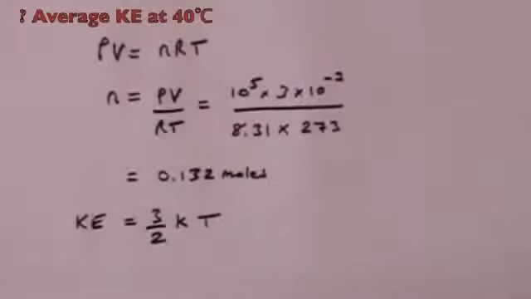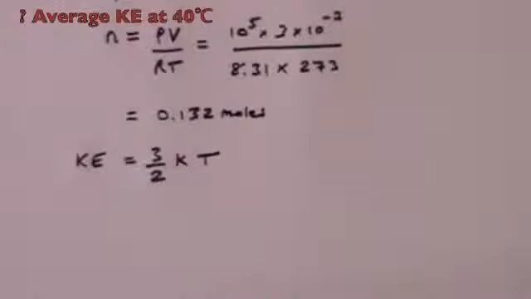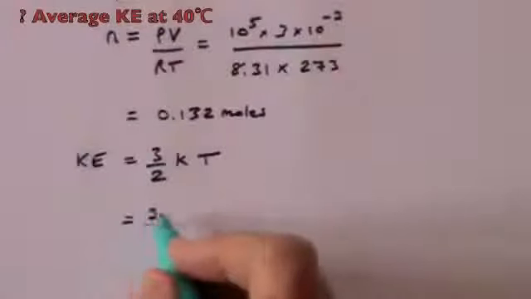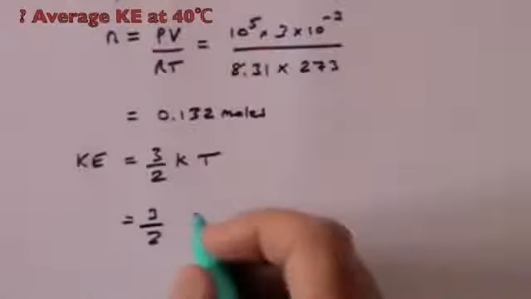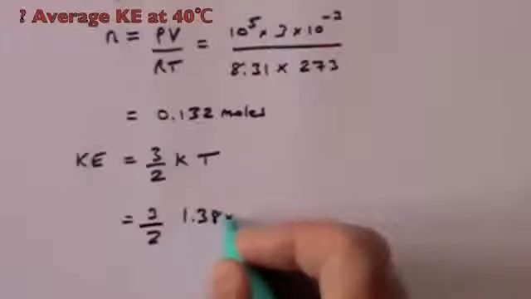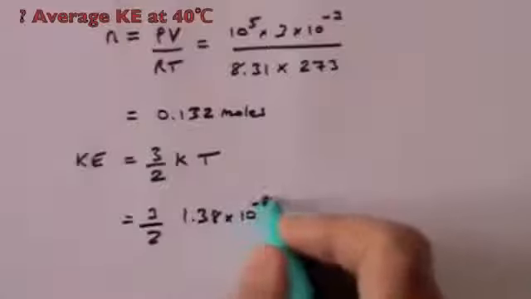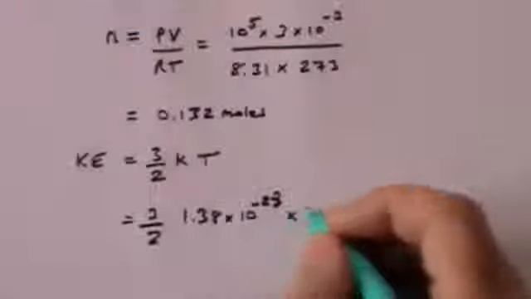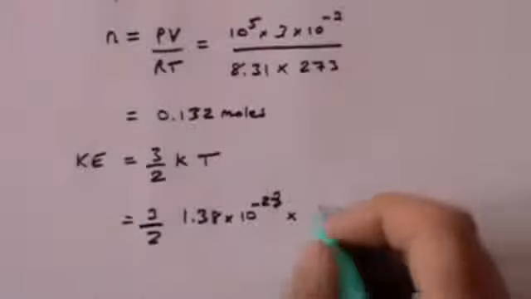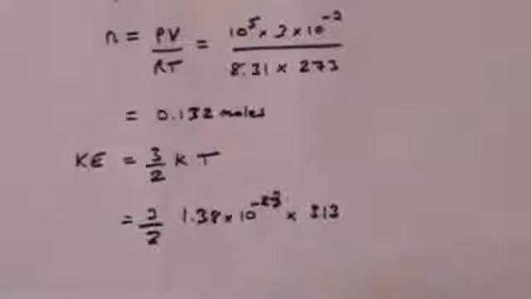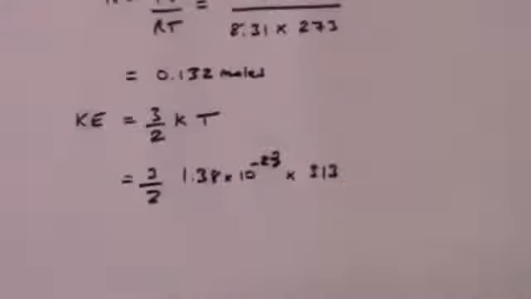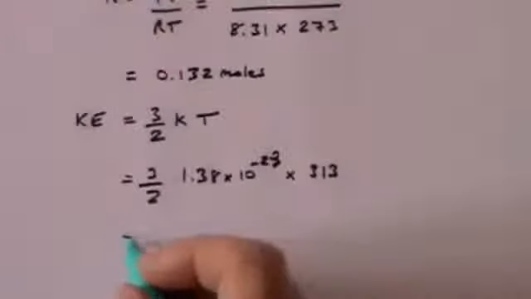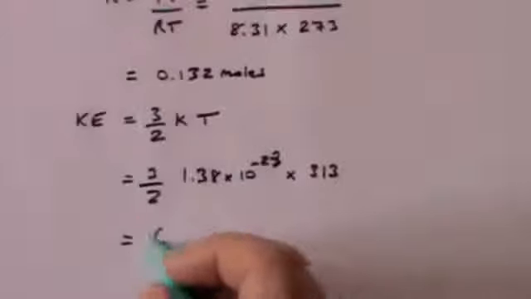This is not thermal energy, this is kinetic energy, so it's not E equals kT, it's E equals 3 over 2 kT, and that's simply going to be 3 over 2 times the Boltzmann constant, which is 1.38 times 10 to the minus 23, times the temperature, which at 40 degrees will be 313 Kelvin.